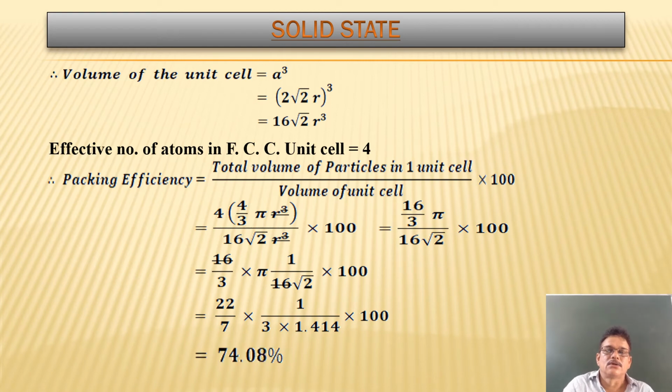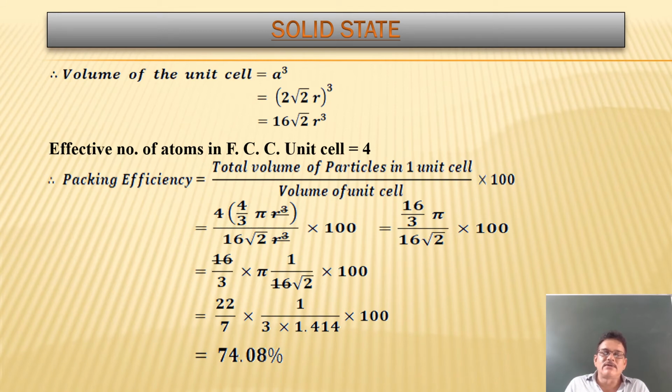If we simplify this, we will get 74.08%, or nearly 74%. So packing efficiency in face centered cubic unit cell is 74%.